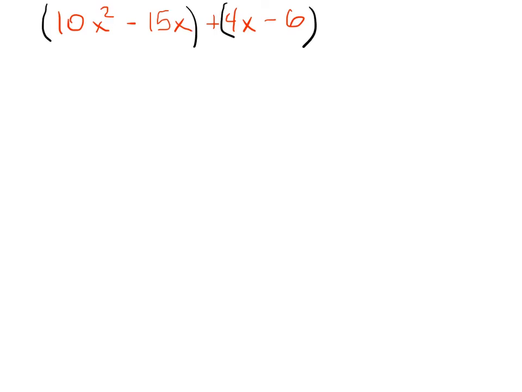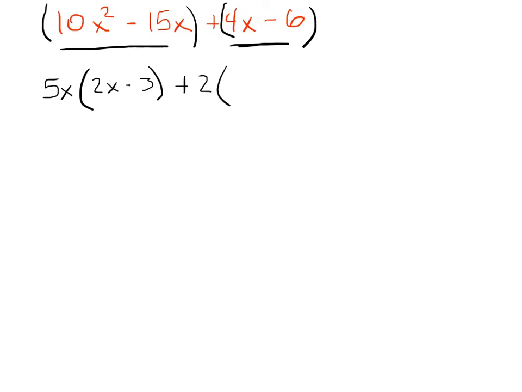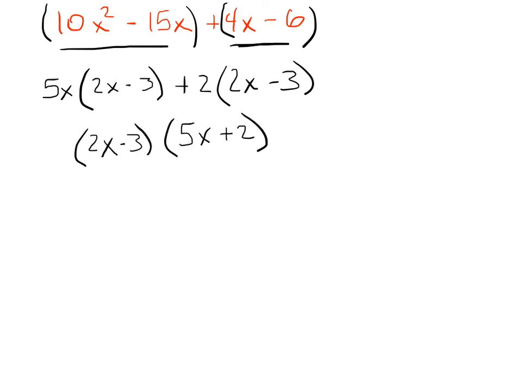Out of the first group here, the GCF is a 5x, so I can bring that outside. I'm left with 2x minus 3. Out of the second group, the GCF between 4 and 6 is also 2, and I'm left with 2x minus 3. So my two factors are 2x minus 3 and 5x plus 2.